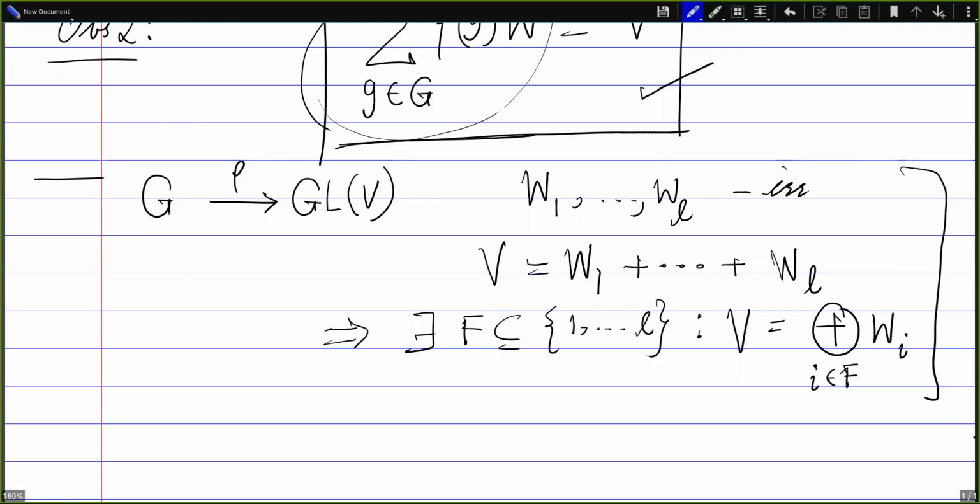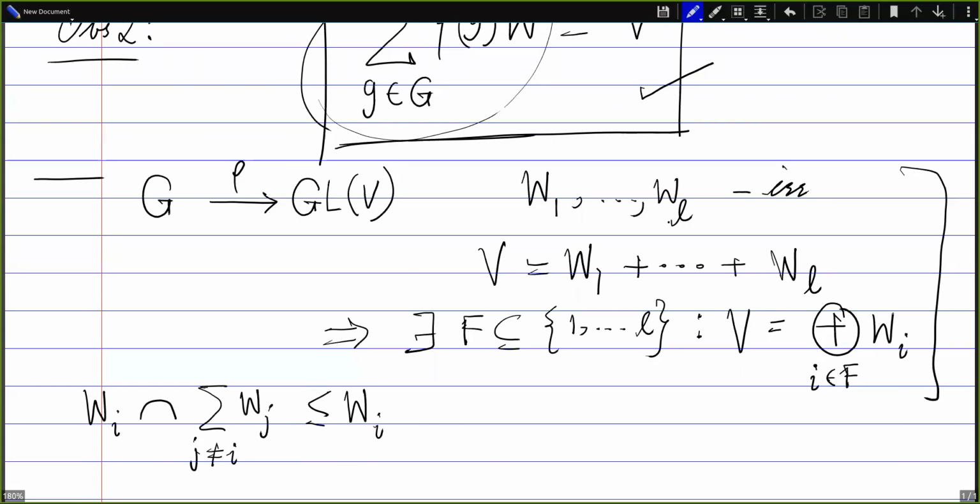So what we do is, for any fixed i, we can consider these two things. We fix an i, and then we consider the intersection of Wi with the sum of the others. This is a subspace of Wi, and in fact a G invariant subspace of Wi, because everything is G invariant.